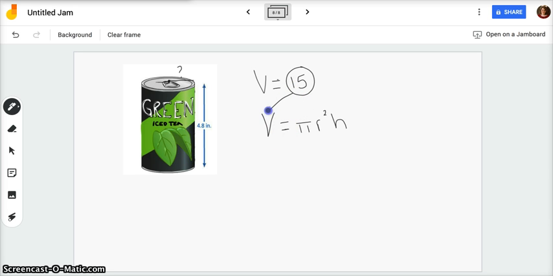I'm going to plug this 15 in for volume here, and I'm going to say 15, which is my volume, is going to equal pi times my radius squared times my height. My height, they already told us, is 4.8.